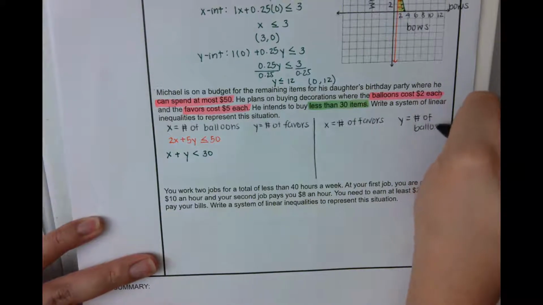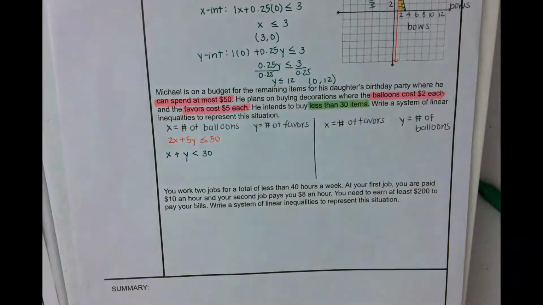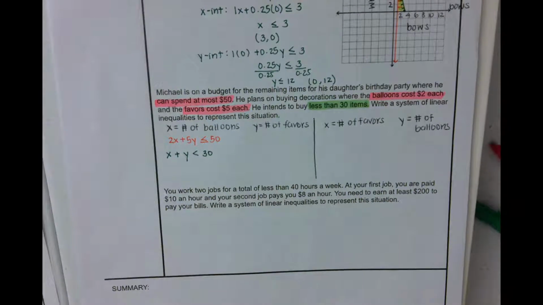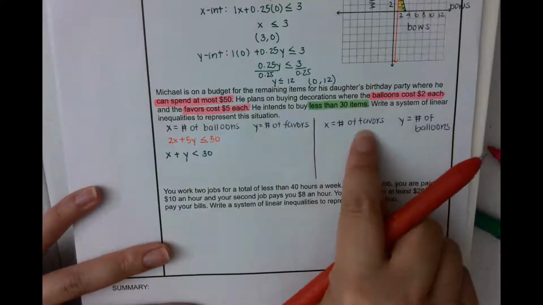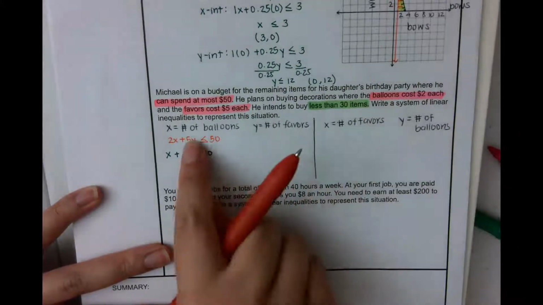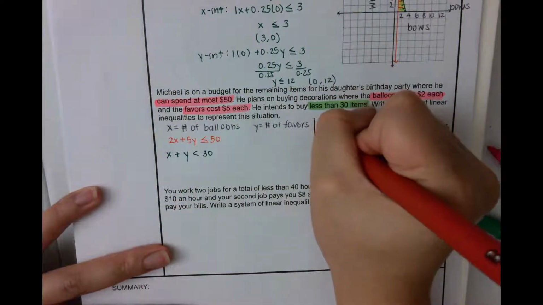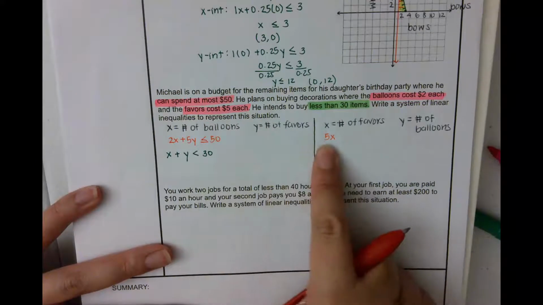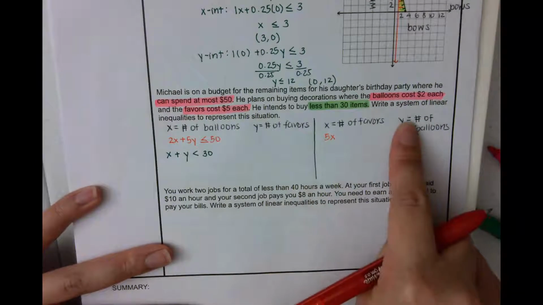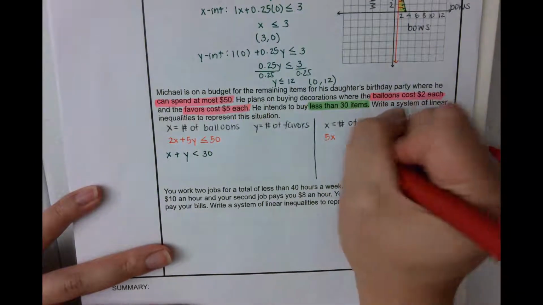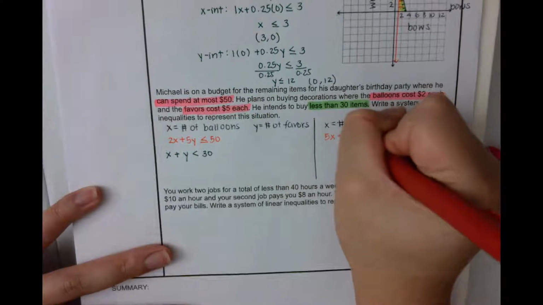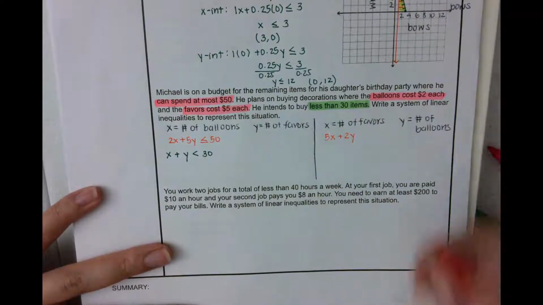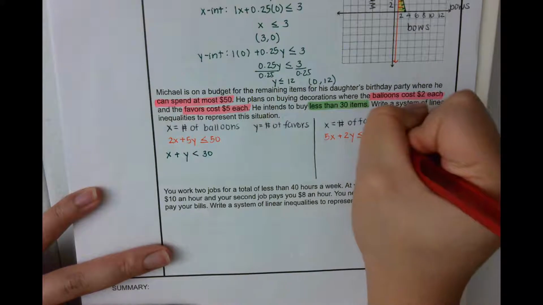Your equation will be similar but slightly different. So if x is number of favors, then instead of 5y, it'd be 5x, because each favor costs $5. If you chose y as your number of balloons, then it'll be 2y to represent how much you spent. And the total is still going to be less than 50.